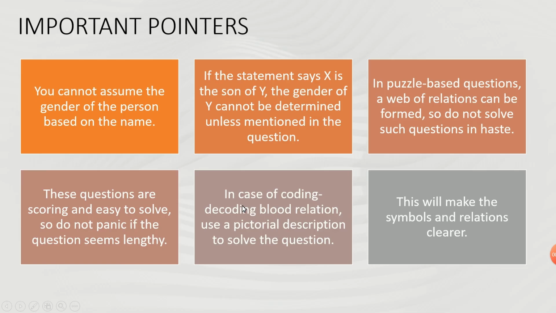So they are asking us, in case of coding and decoding blood relations, to use a pictorial description to solve the questions. This will make the symbols and relations clearer. So these are the important pointers you have to keep in mind while solving these questions.